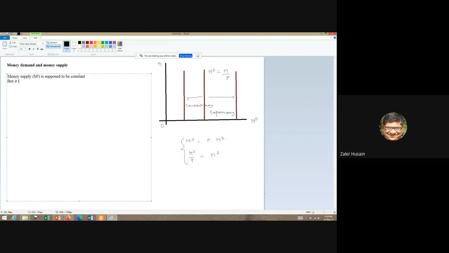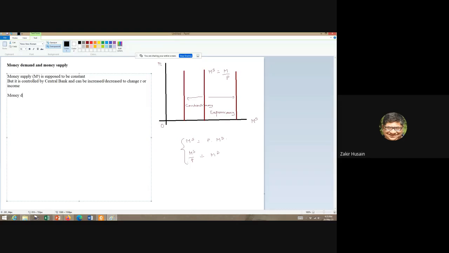But it is controlled by the central bank and can be increased or decreased to change either the rate of interest or stimulate the economy. Okay. So if you want to expand income, you can also always change the money supply.